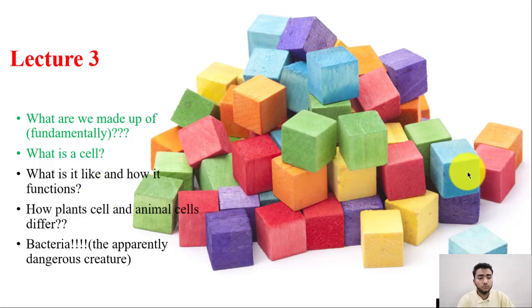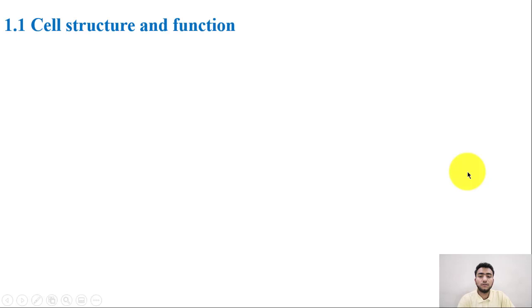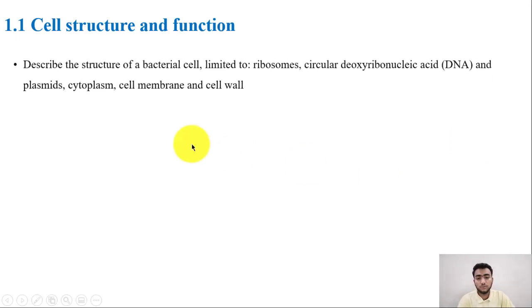Now we would move on to the slide which discusses the learning outcomes. As usual, we have to keep in mind certain learning outcomes or bullet points that are required from us by the examiner, and these are taken from the 2023 version of the syllabus.